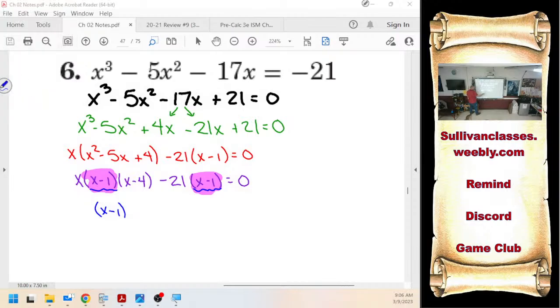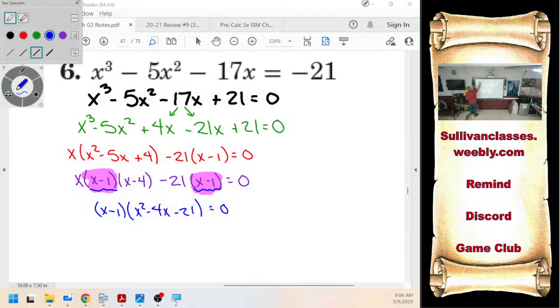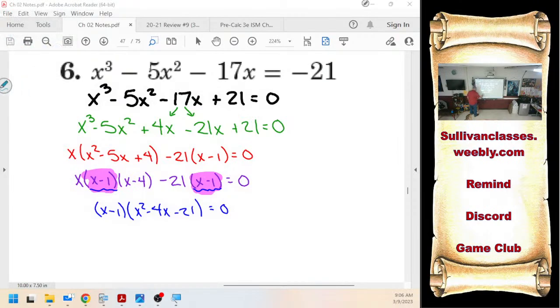So over here we have x squared minus 4x minus 21. And then that one is factorable. X minus 1, x minus 7, x plus 3.